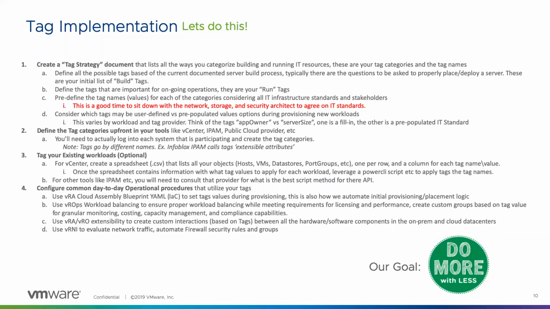VROPs can perform workload balancing as John just showed. Additionally, we can leverage those tags to create custom groups and policies inside of VROPs. This is going to enable more advanced capabilities and get more value out of VROPs by segmenting the environment based on your tags.